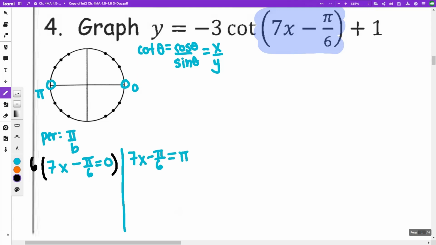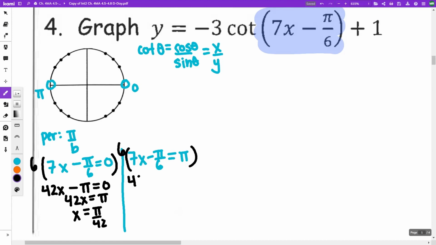I can times this by 6, and when I do, I'm going to get a 42x. Then the 6's in the next part are going to cancel out, so pi over 6 times 0 is 0. So I'm going to get 42x is equal to pi. So x is equal to pi over 42. Okay, for the other one, again, I can times this also by 6.